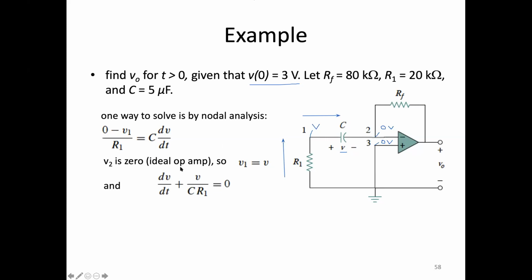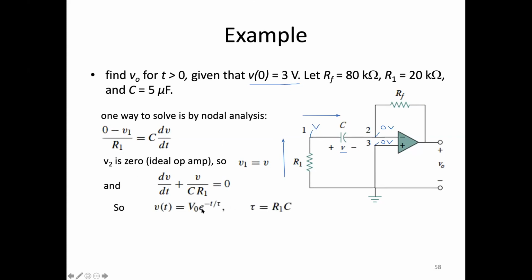Next step. So all we've done is we've replaced V1 by V, right? So this V1 is just equal to the capacitor voltage because this node is grounded. And so we plug in V for V1, and then we rearrange the terms.